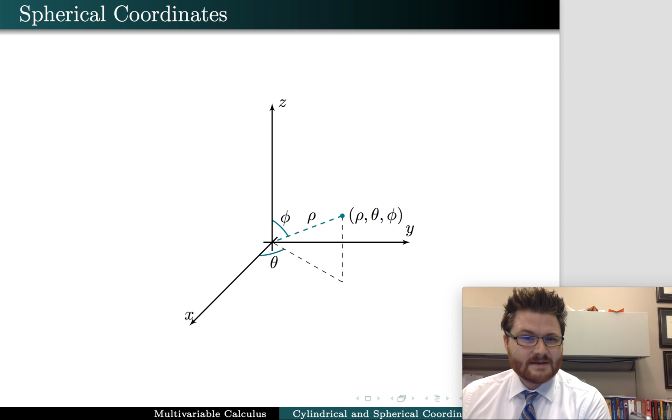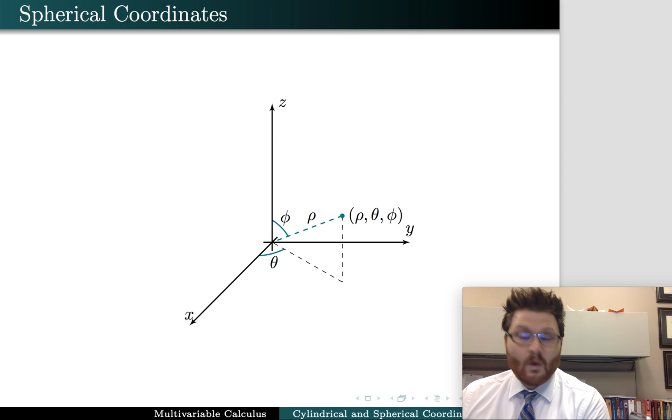So from any point in space, we can talk about its distance from the origin, that distance we call rho. And then we have the polar angle phi, which is measured from the z-axis. It sort of tells us the inclination. And so again, we can describe every point in 3 dimensions this way as well, with a rho, theta, and phi.